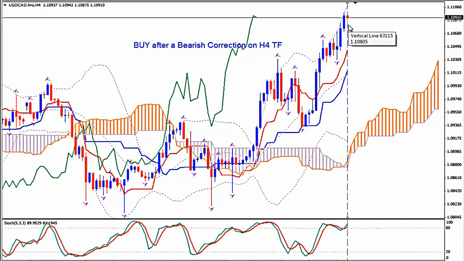So to enter short, make sure that you have confluence, that you have stochastics agreeing with you, a bearish crossover, preferably an up fractal on the upper Bollinger Band, preferably the price approaching the red line of Ichimoku Kinko Hyo, Tenkan-sen.